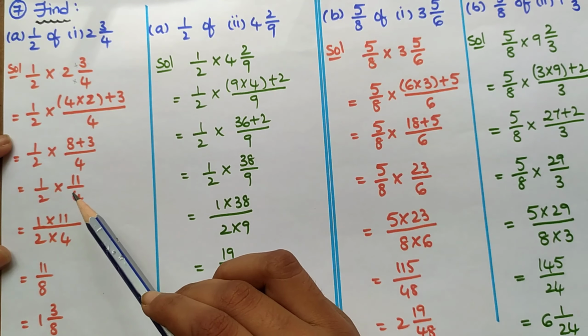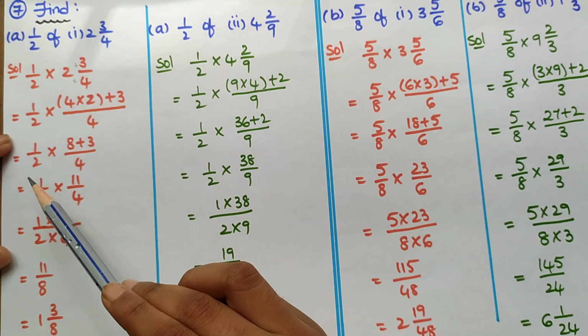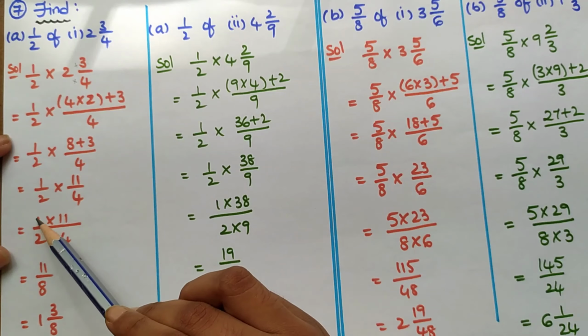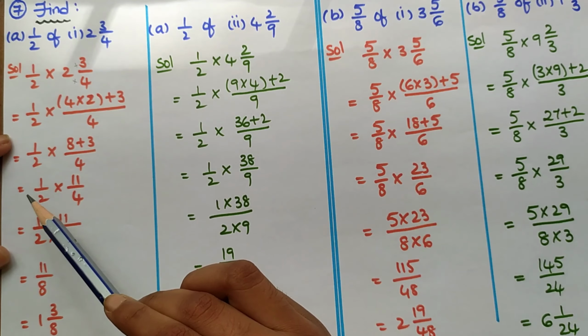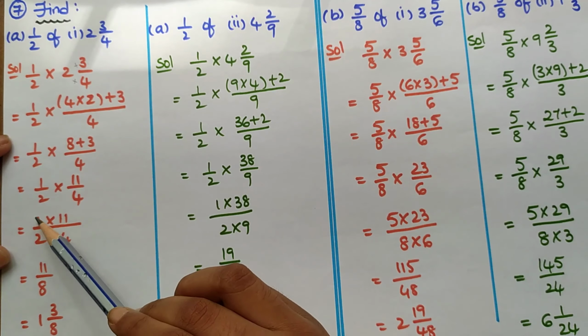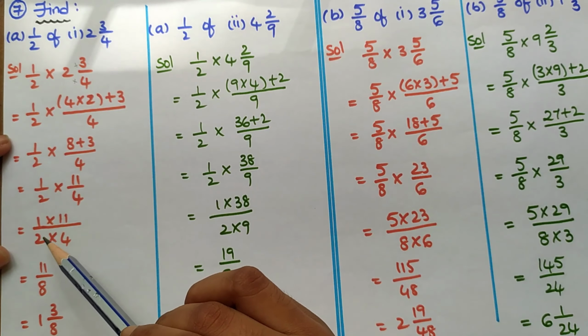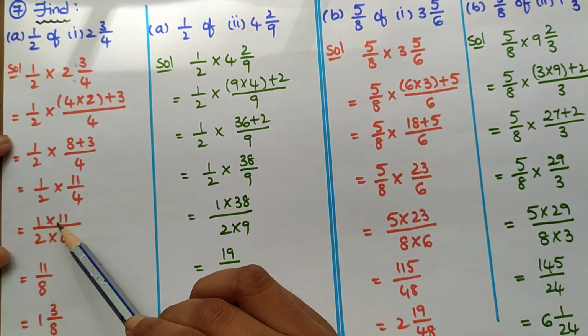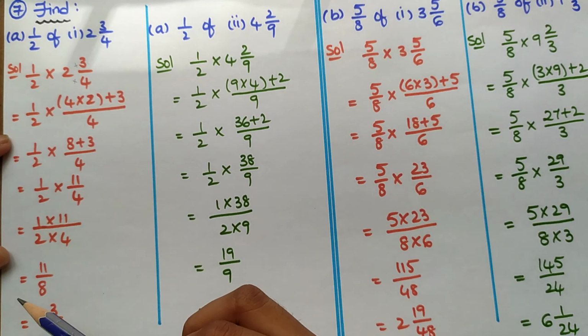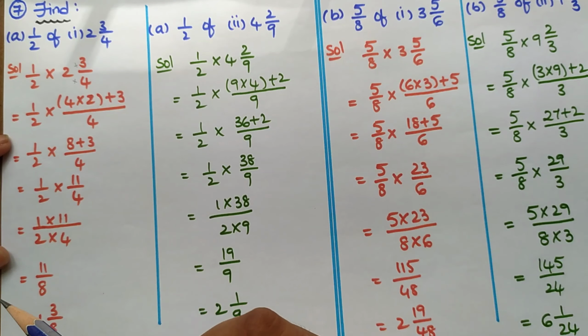Now let us multiply the numerators 1 and 11. It is 1 into 11 by the denominators 2 and 4. It is 2 into 4. So 1 into 11 by 2 into 4. 1 into 11 is 11 by 2 into 4. 2 4s are 8. It is 11 by 8.